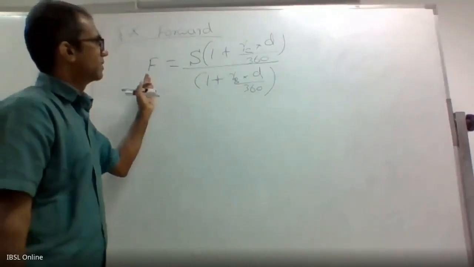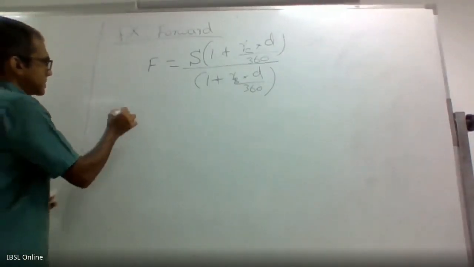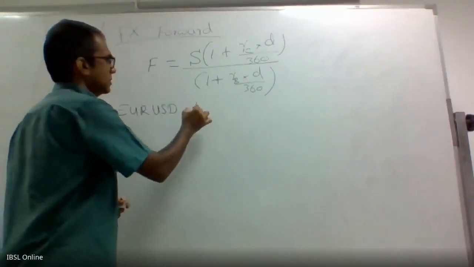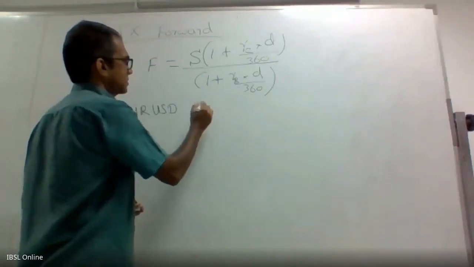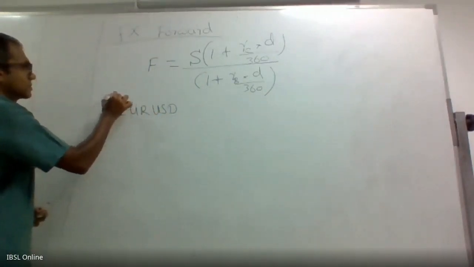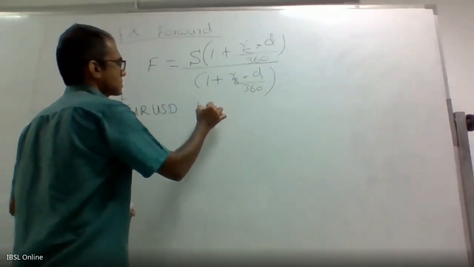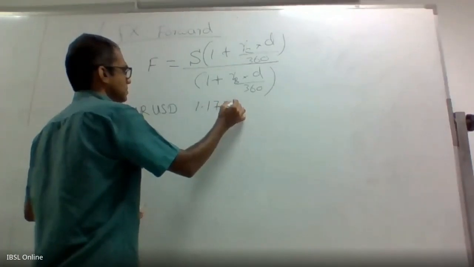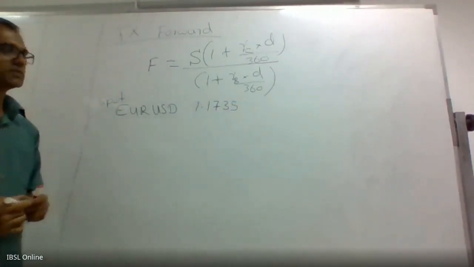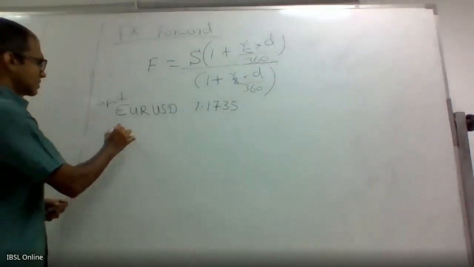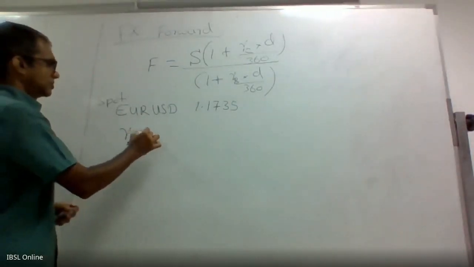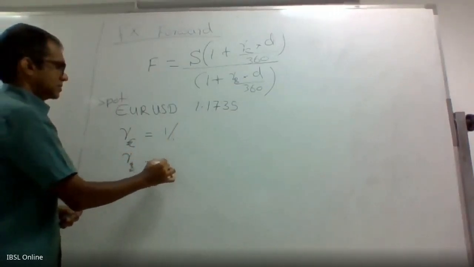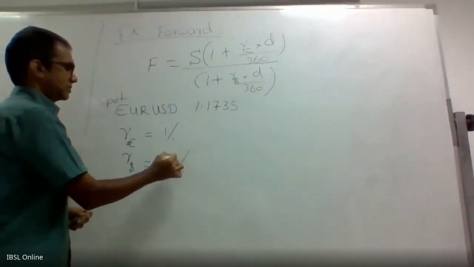So we'll do one example. Say Euro USD. Assume the spot is $1.1735. Interest rate Euro 1%. Interest rate dollar 0.5%.